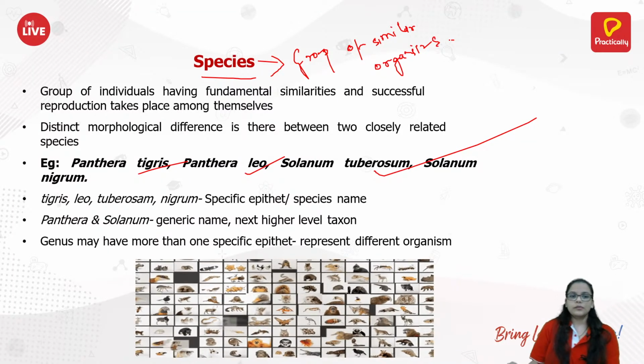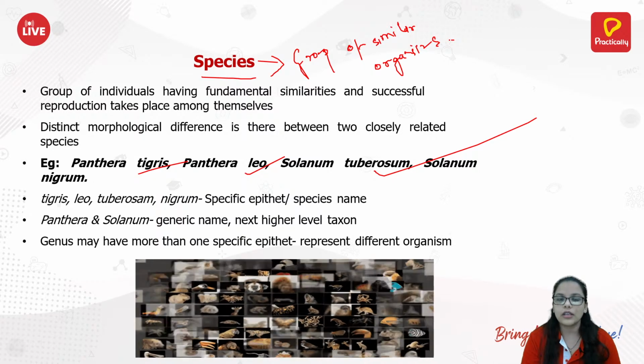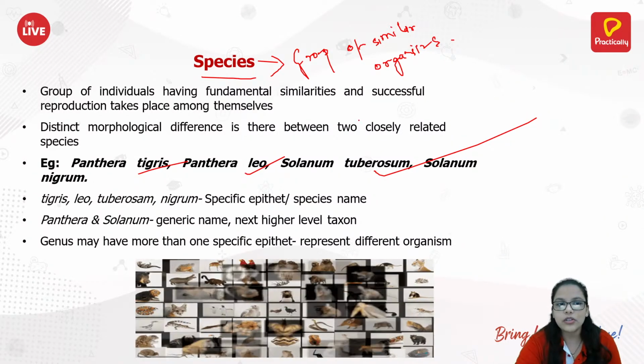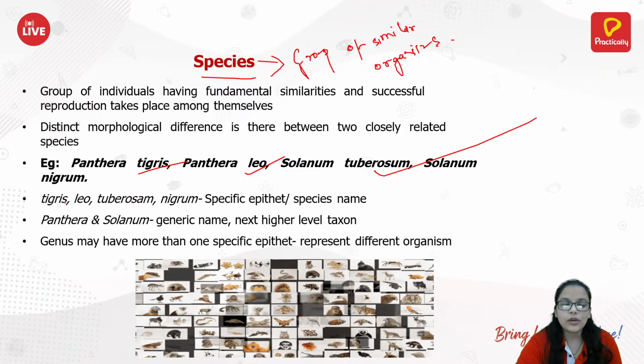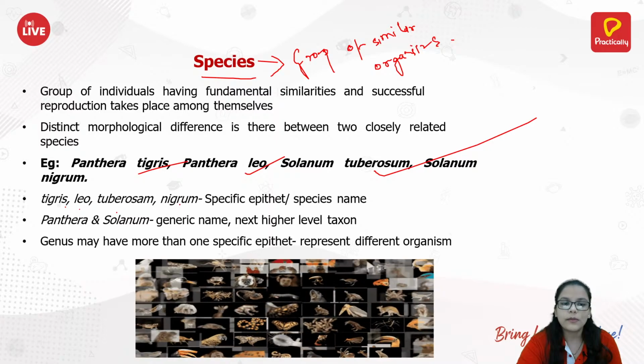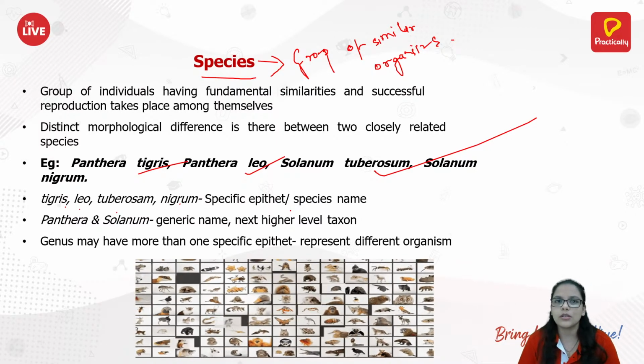So the distinct morphological differences, the distinct characters and everything is given by the species. Tigris, leo, tuberosum, nigrum, these are all species. There are so many species in the world.